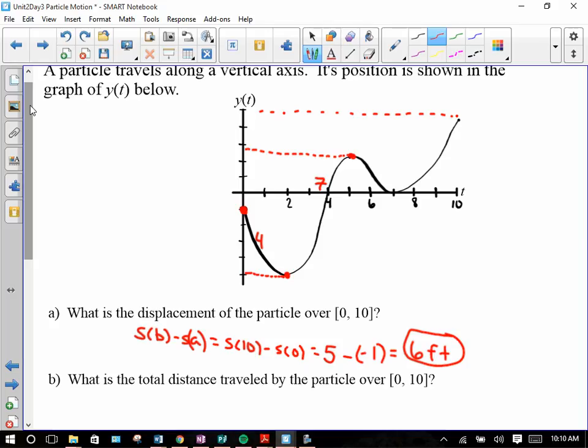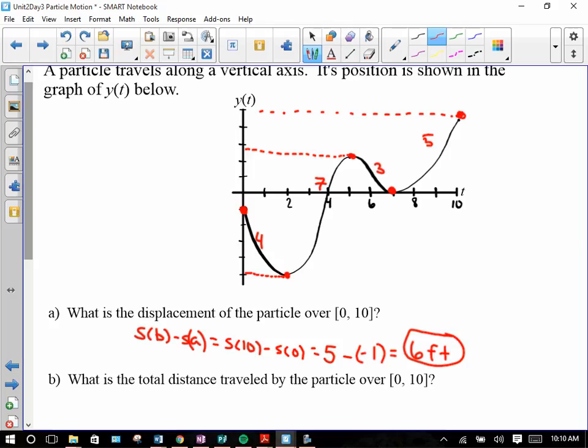So we'll say it's at 3, so that's 7. From here down to here, that'd be a distance of 3. From here up to here, that'd be a distance of 5. So add the numbers. The total distance will never be negative, because you can't travel negative.